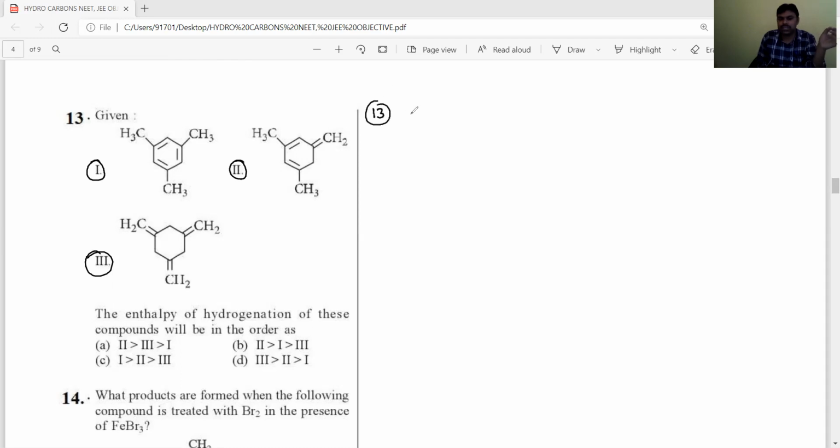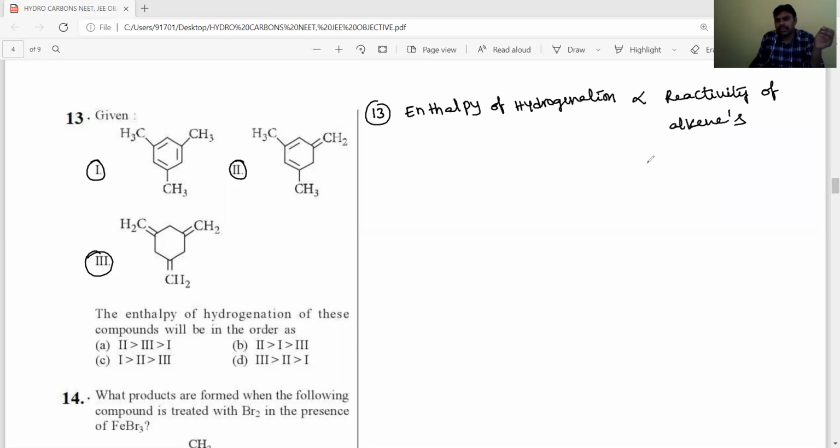And let's listen to this question. Enthalpy of hydrogenation is directly proportional to the reactivity of alkenes and inversely proportional to the stability of alkenes.